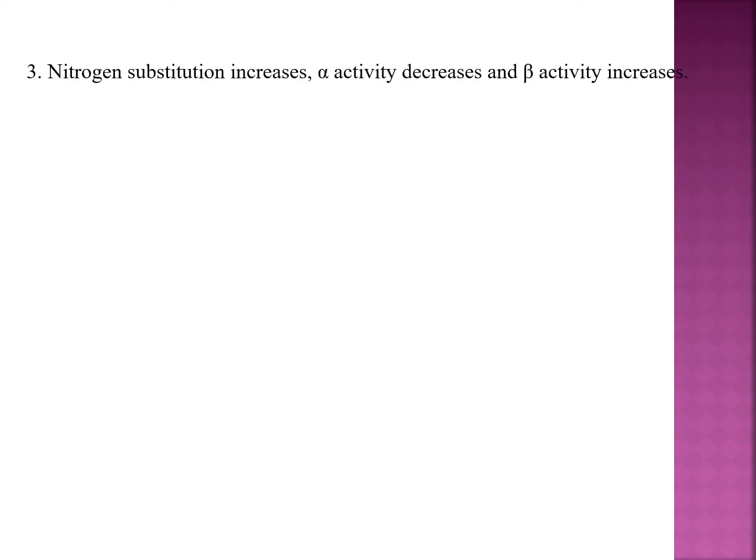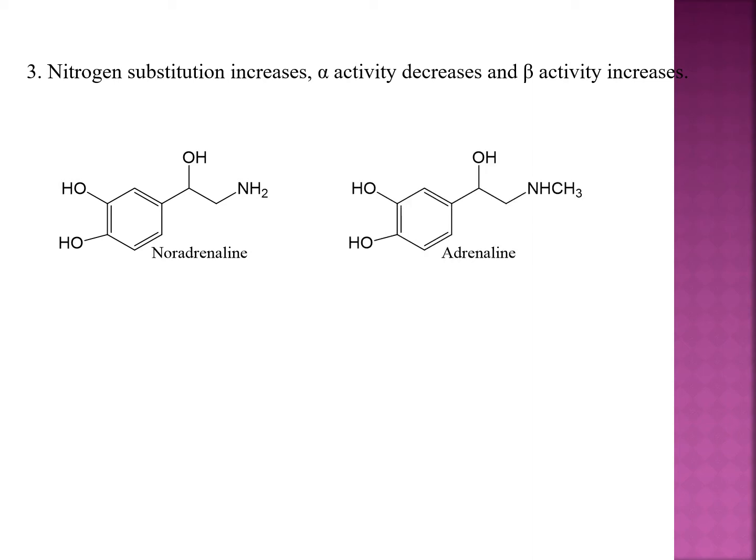In general, as the bulk of the nitrogen substituent increases, alpha receptor activity decreases and beta receptor activity increases. Thus, noradrenaline is an effective alpha receptor agonist and also potent at beta, while adrenaline is potent at beta receptors. Isoprenaline is potent at beta 1 and beta 2 receptors but has very little affinity for alpha receptors.